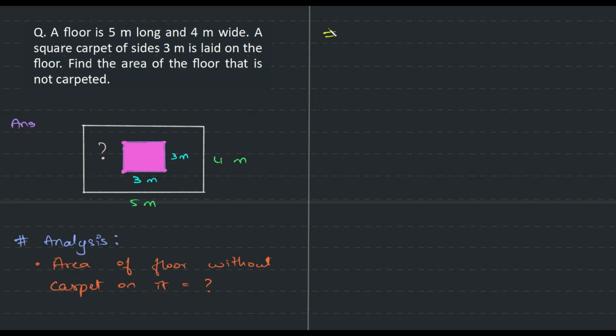Now the working. How can you generalize the idea? How do you find the area where it's not carpeted? Without carpet, how can you figure this out?